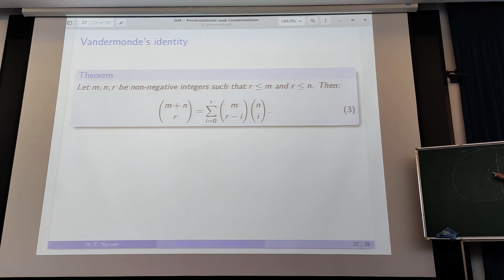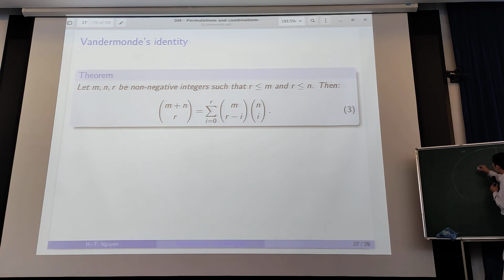One part is included on the left hand side, and the other part is included on the right hand side. Suppose that you have i here, so that means you have r minus i on the right.